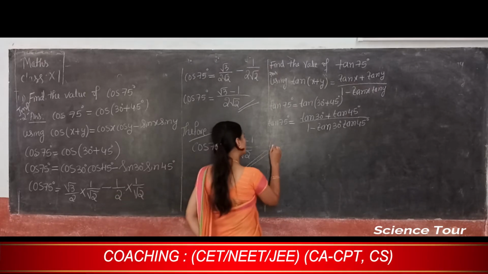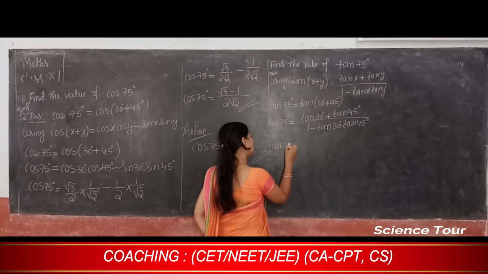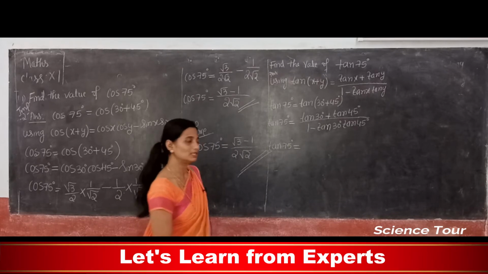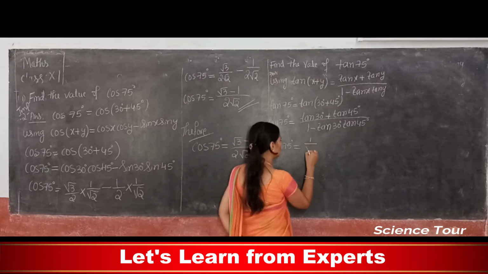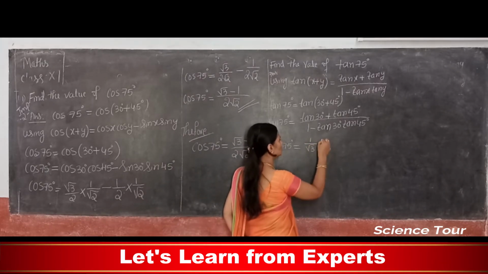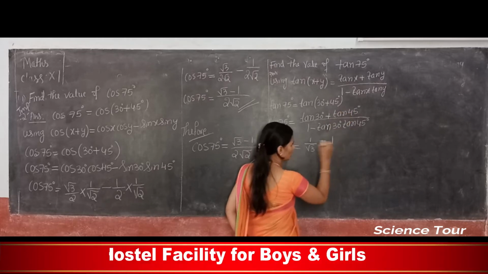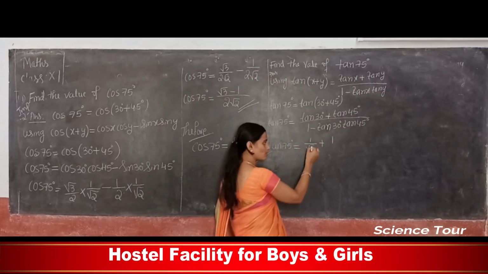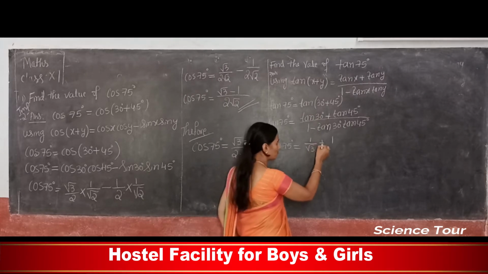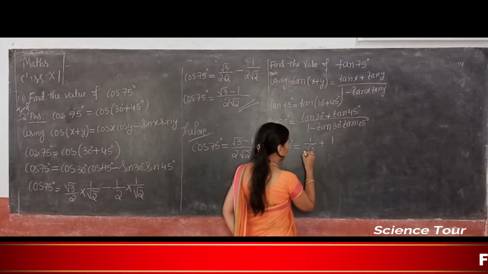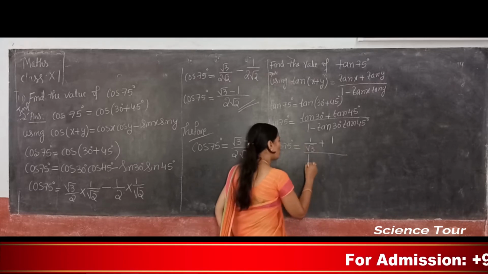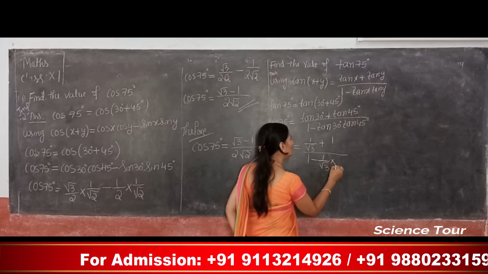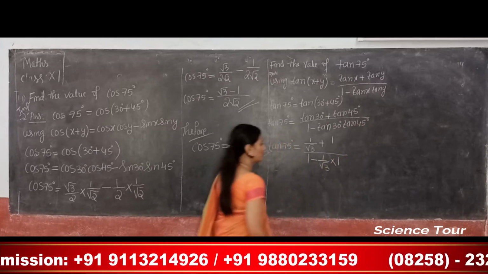So now tan 75 degree is equal to tan 30. What is the value of tan 30? 1 by root 3, plus tan 45 is 1. So be careful about the numerator. Tan 30 is 1 by root 3 plus tan 45 is 1, divided by 1 minus tan 30 is 1 by root 3 into tan 45 is 1.